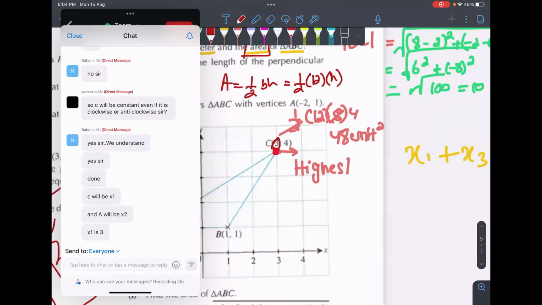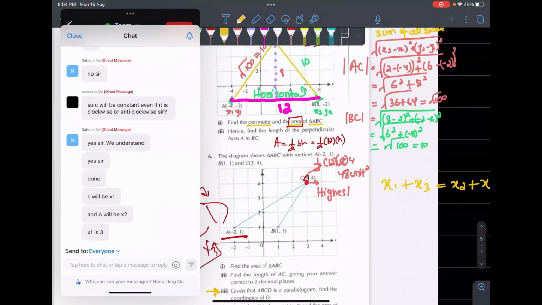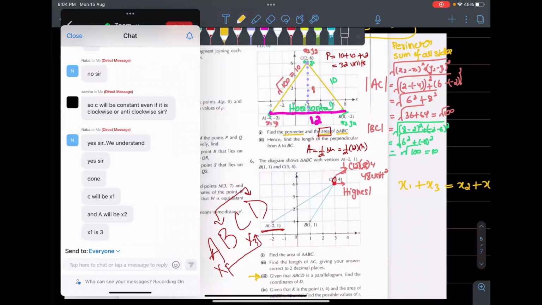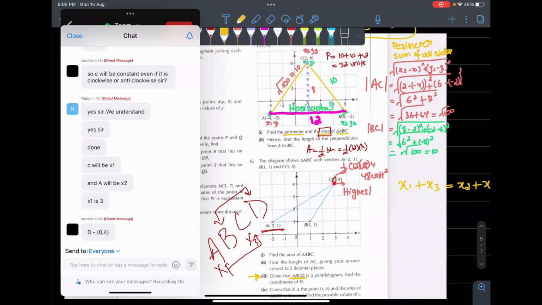So if I continue with the question, the formula is x1 plus x3, and the problem was what will be x1, x3, x2 and x4. If they have given the parallelogram ABCD, take the x coordinate of A as x1, then leave one coordinate, then move on to C. The x coordinate of C will be x3.